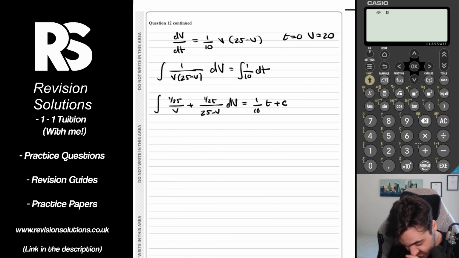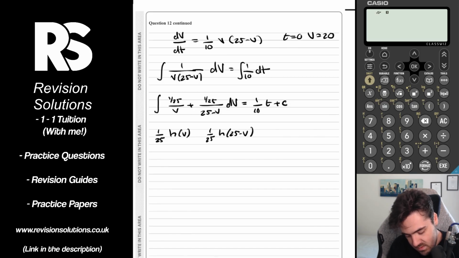On the left-hand side, we just have 1 over functions, and it's just 1 over to the power of 1, so it's going to be a natural log. So 1 over 25 natural log of v. Then here we have to watch out because we're going to have 1 over 25 natural log of 25 minus v. But this minus would actually come out if we were to differentiate it, so we need another minus here to negate it because we want a plus, really.